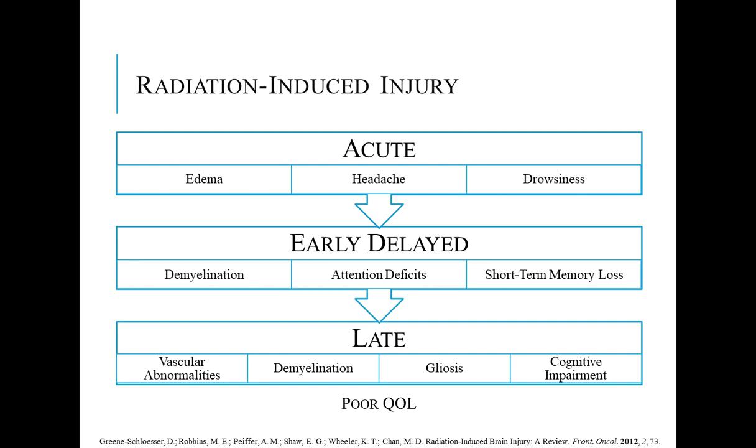Late documented injuries include vascular abnormalities, again demyelination in the brain, loss of brain cells or gliosis, and the most dangerous, cognitive impairment. So just general cognitive impairment seen over a long time, and this leads to poor quality of life in patients.